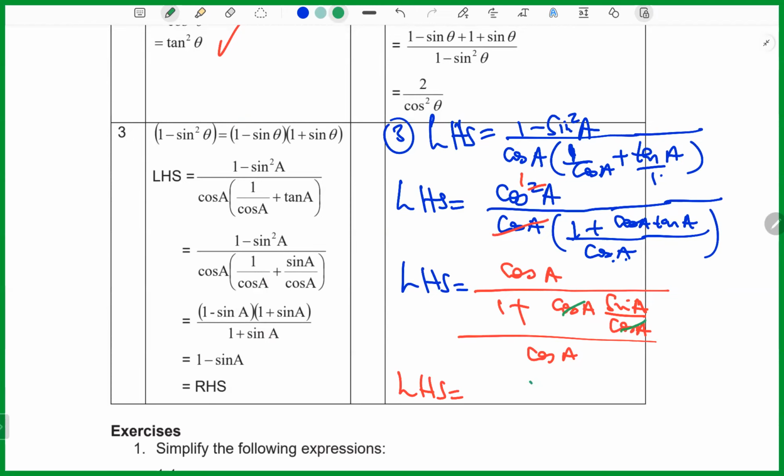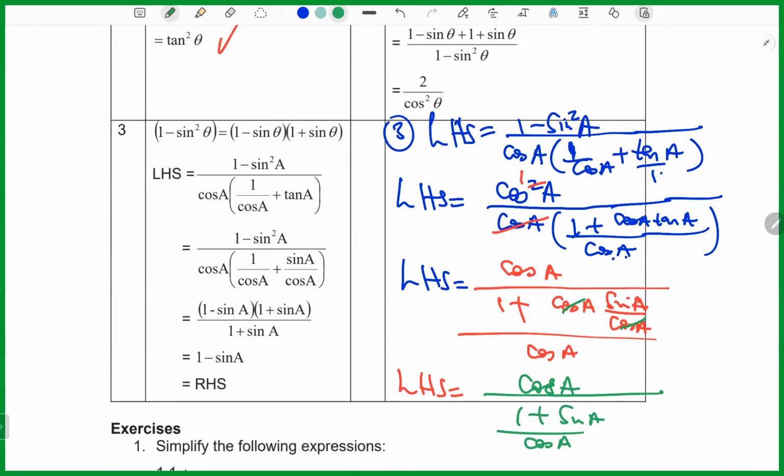These 2 things cancel out, giving us cosine A divided by 1 plus sine A over cosine A.